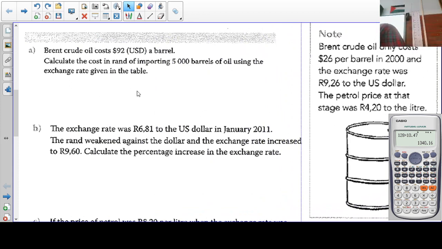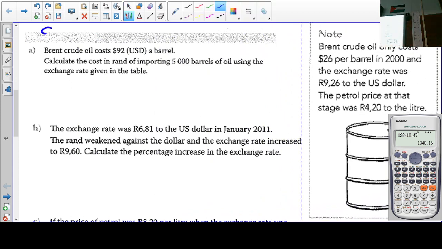So this is the example on page 277. In the note we are told that Brent crude oil only cost $26 per barrel in 2000, and the exchange rate was 9 rand and 26 cents to the US dollar. The petrol price at that stage was 4 rand to the litre.